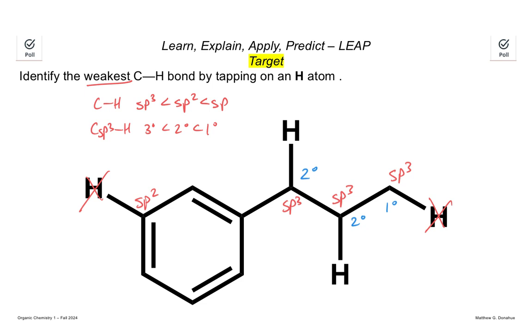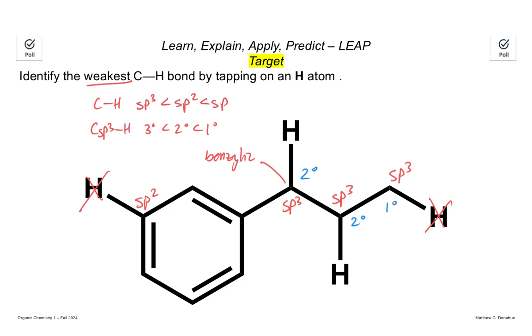If they're both secondary according to that classification, how do we then choose? One of them is special. This carbon atom right here that's directly bonded to the aromatic ring is called benzylic. That's a special type of carbon, and so that's going to have the weakest CH bond.